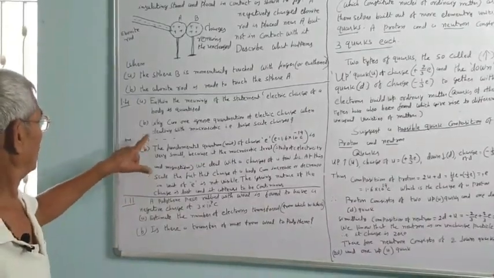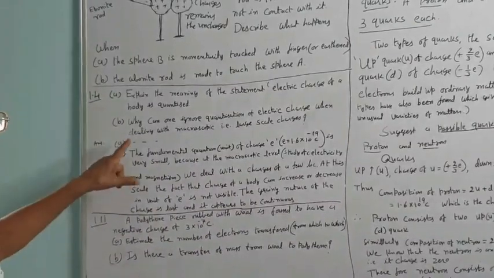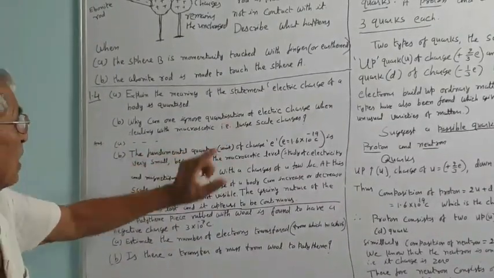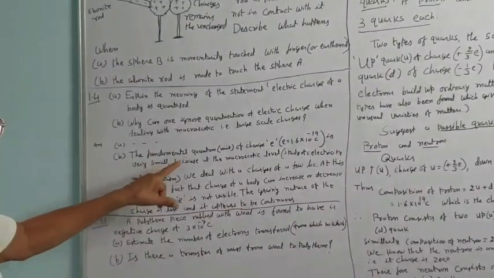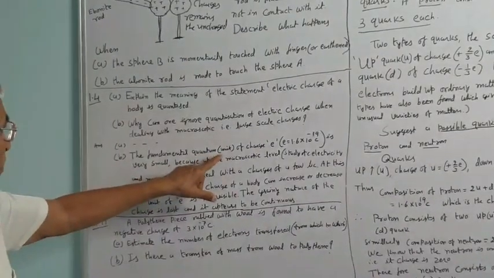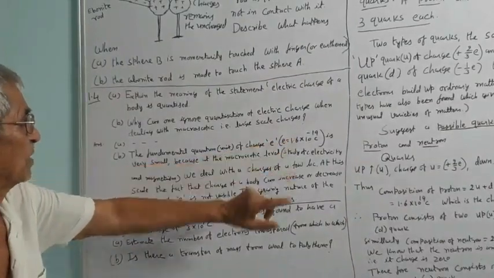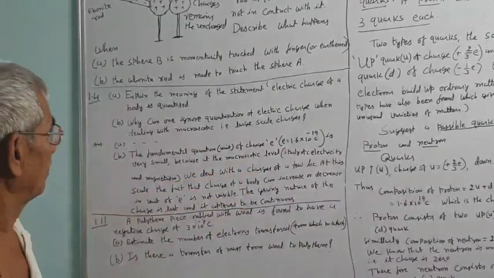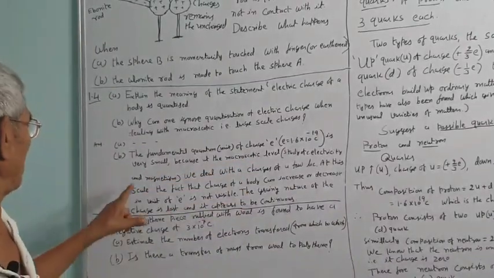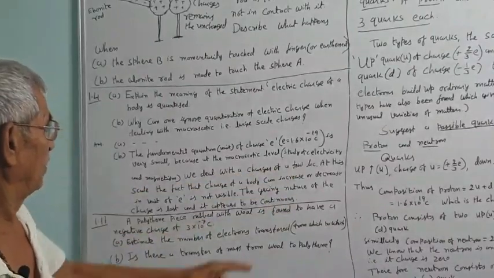Now the next one. Why can one ignore quantization of electric charge when dealing with macroscopic, that is large scale, charges? The fundamental unit of charge e, which is equal to 1.6 into 10 raised to minus 19 coulomb, is very small. At the macroscopic level, that is in the study of current electricity and magnetism, we deal with charges of a few microcoulomb.